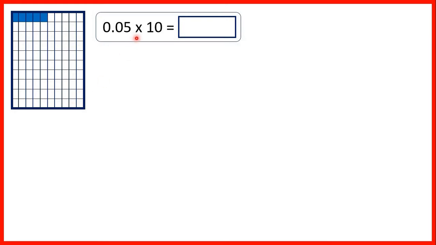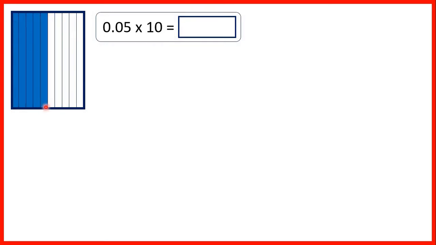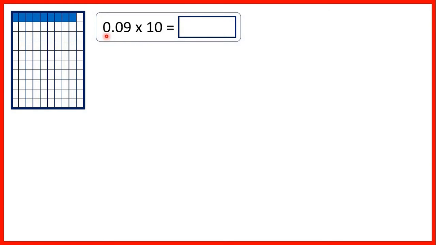Now we also know that multiplying by 10 means making the number 10 times bigger. So if we shade 10 times as much of this rectangle in blue, you can see that we now have 5 tenths of this rectangle shaded. So that's 0.5.